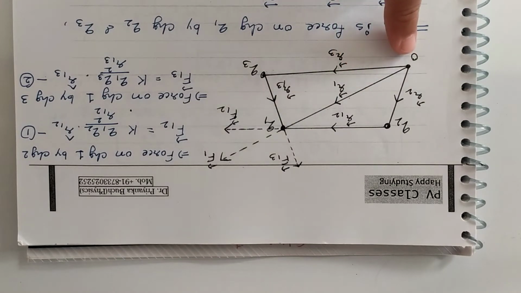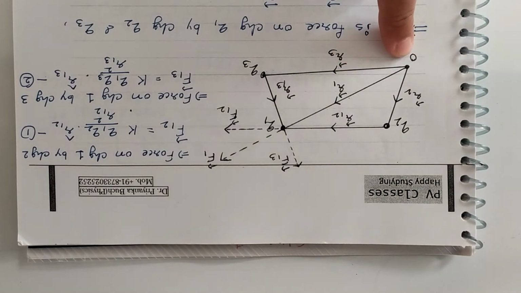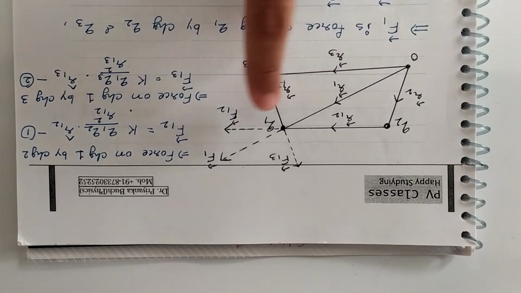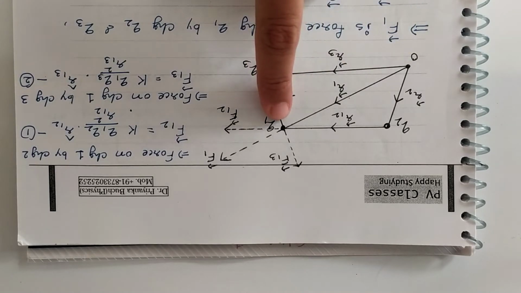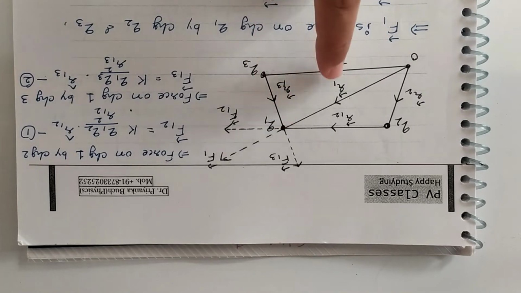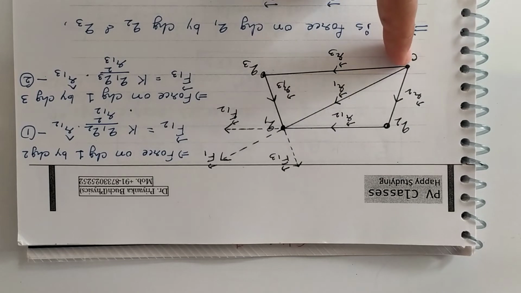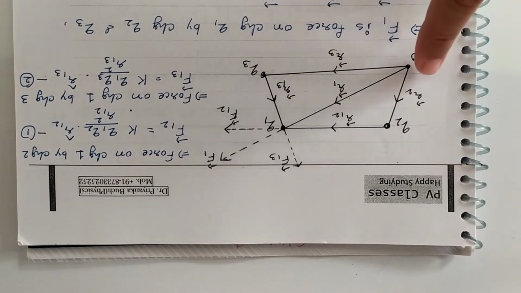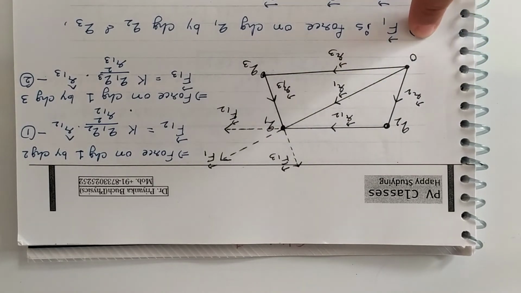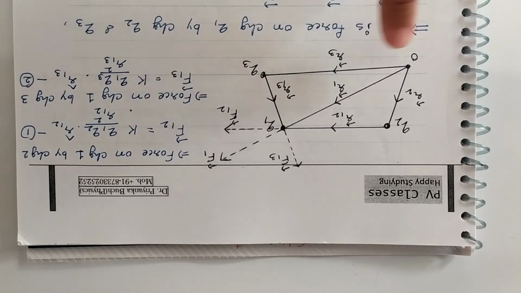You can see here O is the origin, charge Q1 is somewhere here at the position vector R1 from the origin. Charge Q2 has a position vector R2 from the origin. Q3 has a position vector R3 from the origin.